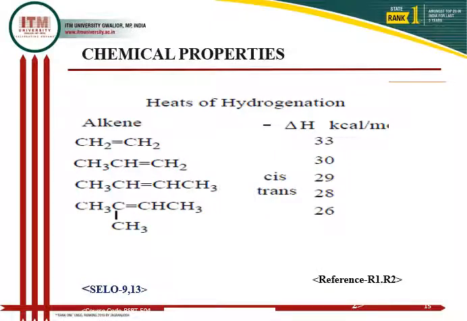Here you can see the various alkene hydrogenations and heats of hydrogenation. When the hydrogenation reaction takes place, it is highly exothermic, and we can have the various heats of hydrogenation of various olefins, the straight chain as well as the branch chain, and you can see the hydrogenation heat goes on decreasing as the number of carbon atoms goes on increasing.